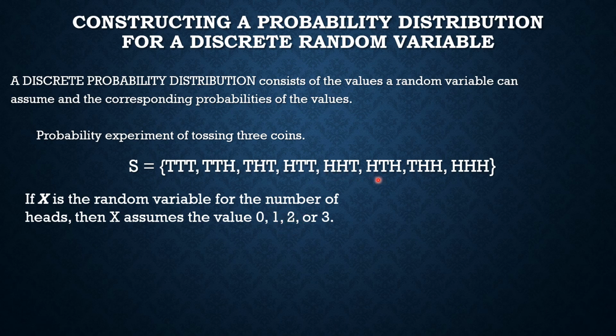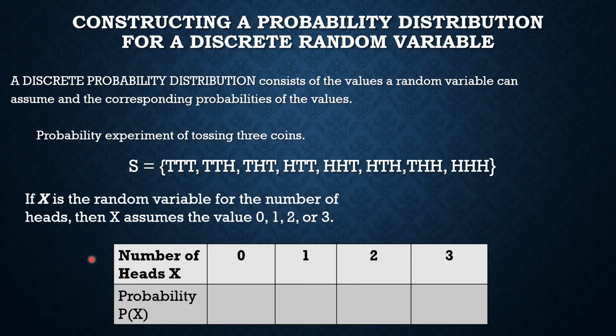Ito, ito, at ito. And of course, meron ding isang chance sa ating sample space na merong tatlong heads. So when we construct a probability distribution, pagsasamahin lang naman natin ang values of the random variable, as well as its corresponding probability.